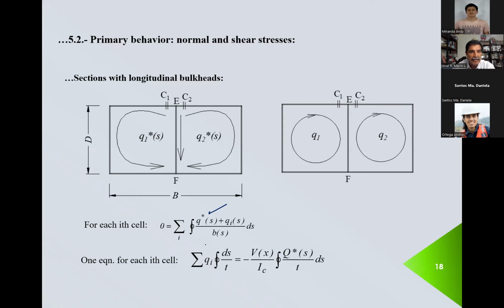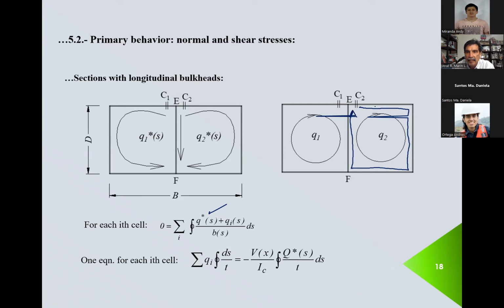On the left-hand side, in the integration of this, since we assume that they are constant in each cell, Q1 is constant, Q2 is constant, we can take them outside the integration. And this integration is very simple. If we want to integrate, for example, from here, we go like this, like this, like this, and like that, right?